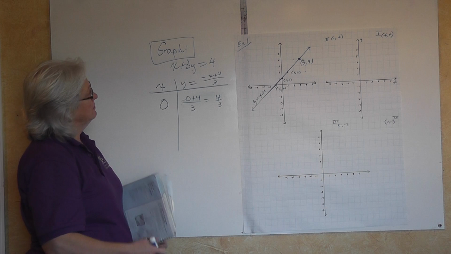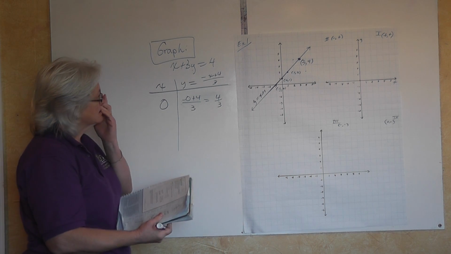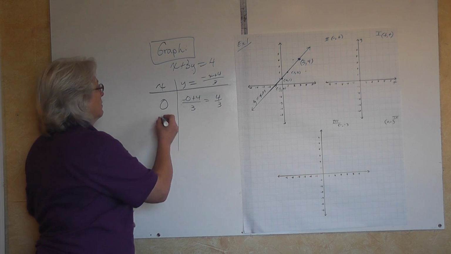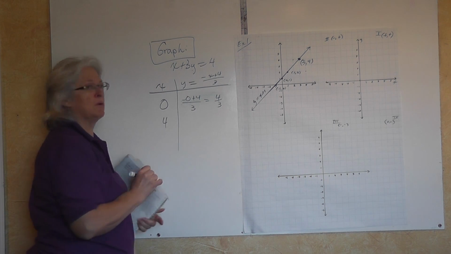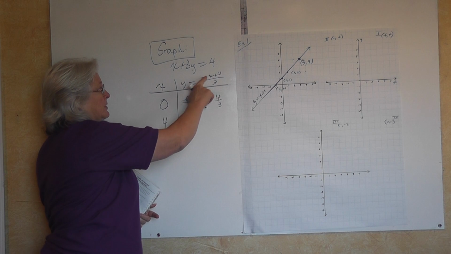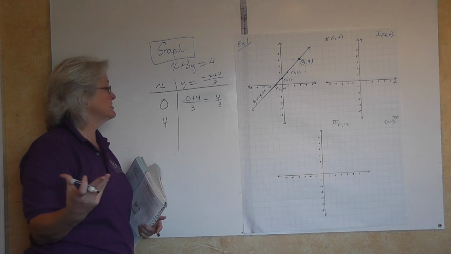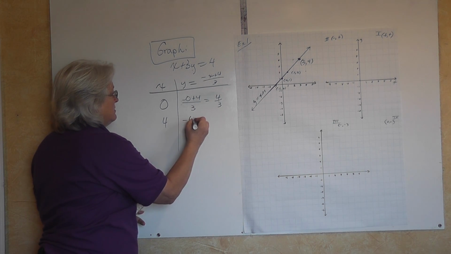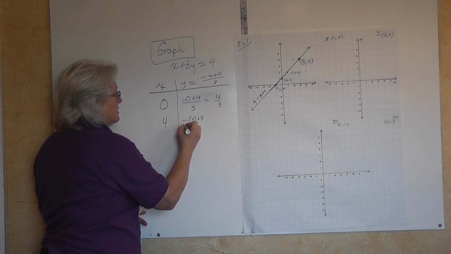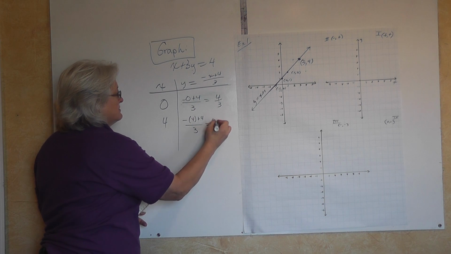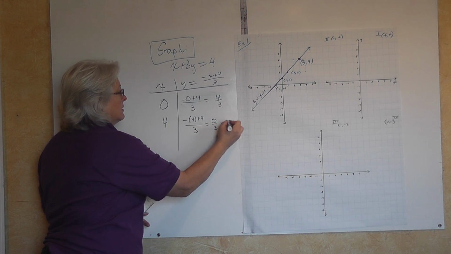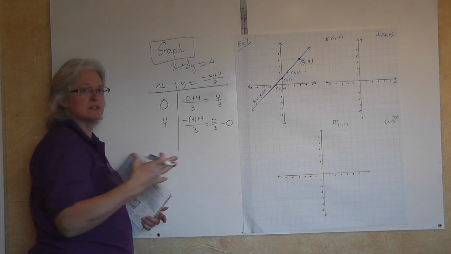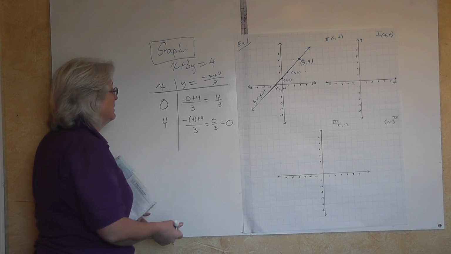Now, what happens if we say, okay, let's have x be 4. Why do I want x to be 4? Because 4 plus its opposite, any number plus its opposite, is always equal to 0. So this gives us a convenient number to put in, and we have 0 over 3, which is equal to 0. So this is what's called making wise choices of the points that you select.